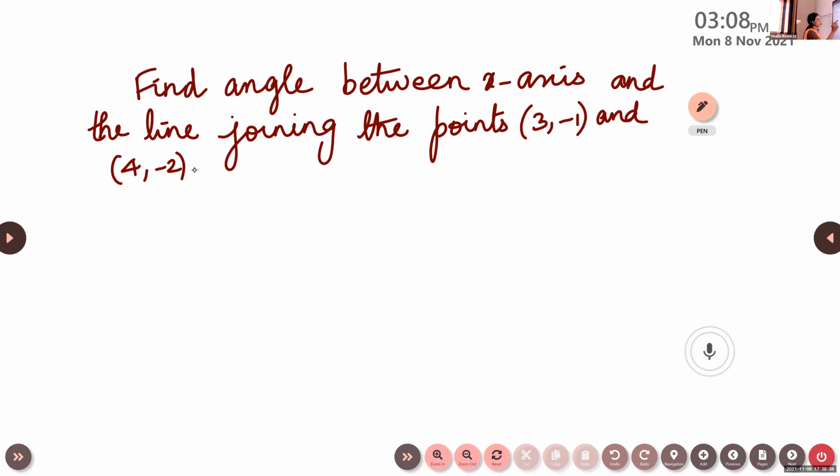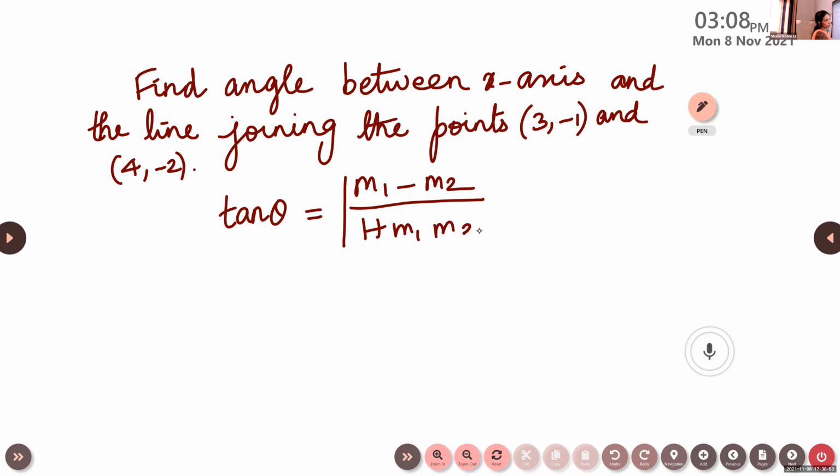Okay, so now listen, children. In order to find the angle between, what is the formula we have learned? The angle between the lines is given by tan theta is equal to modulus of m1 minus m2 by 1 plus m1 m2, where m1 and m2 are the slopes of the lines.